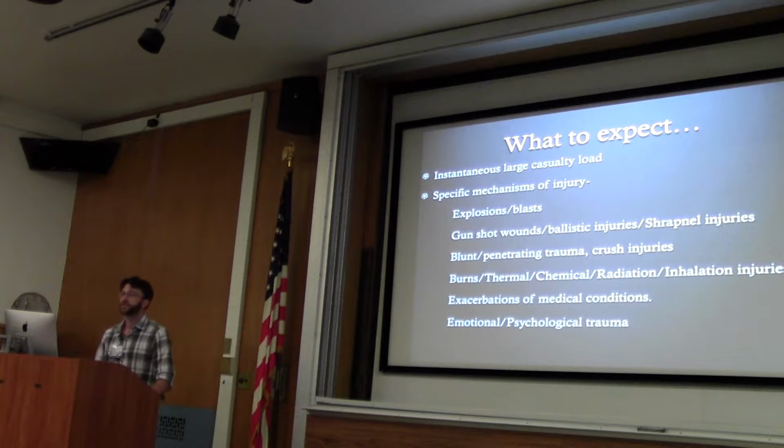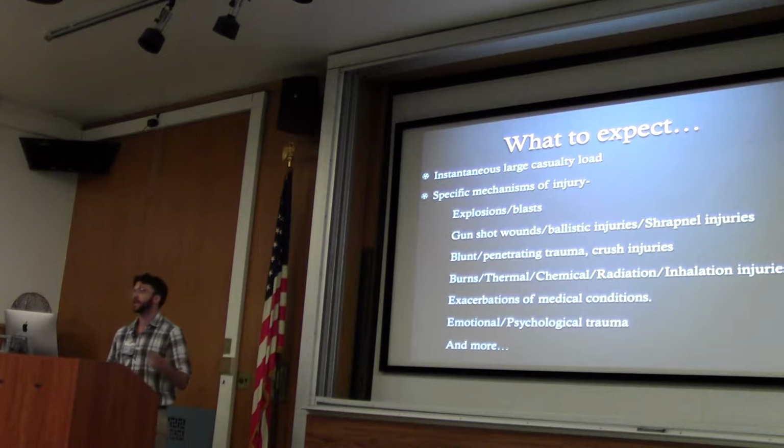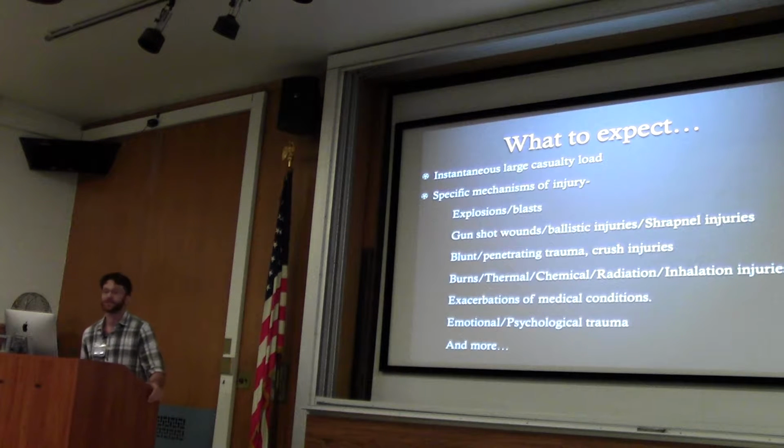And then, of course, the emotional and psychological trauma. And pretty much any combination of the above. So you can have your COPD exacerbation, diabetic that hasn't been treated, who's been trapped in a collapsed building following the Los Angeles earthquake. So this is what we can expect from these types of injuries coming to our ED.